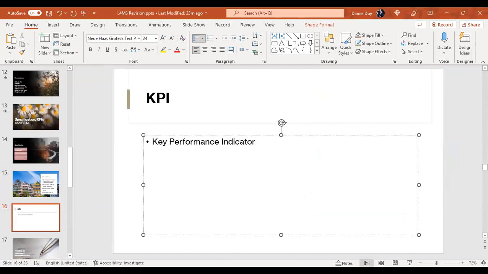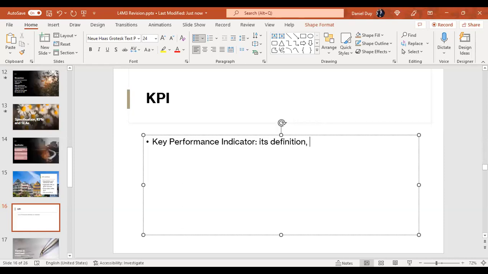Then KPI here would include something like its definition. For example, you want to measure the defect rate of the supplier. Then the KPI here is the defect rate, and you measure.